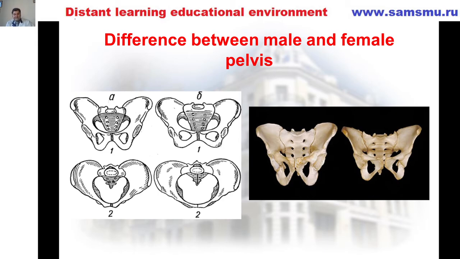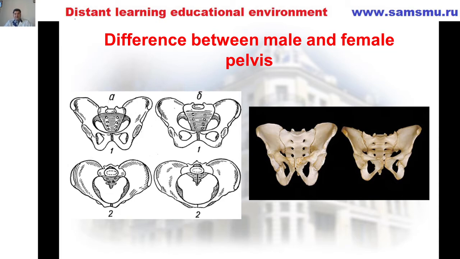The iliac wings are spread out more widely in females, as a result of which the distance between the spines and crests is greater. The inlet of the pelvis is transversely oval in females and rather longitudinally oval in males.